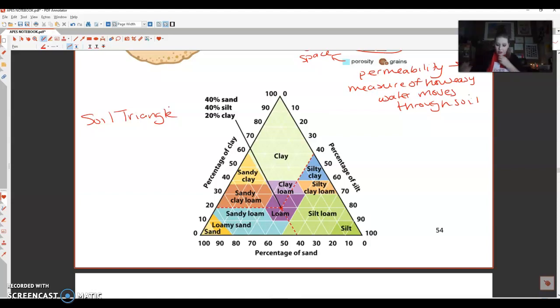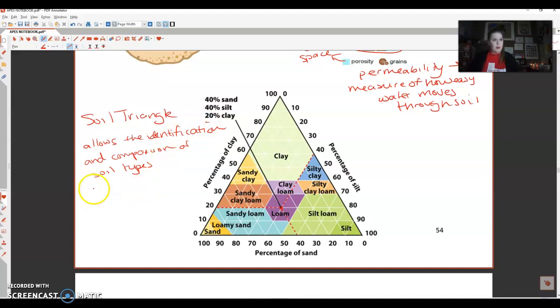So the soil triangle allows the identification and comparison of soil types.